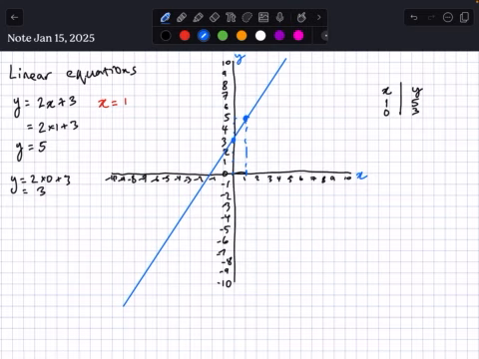And let me show you what I mean by you only need 2 points. Let's say we have x equals -1. In that case, we have y equals 2 times -1 plus 3. 2 times -1 is -2 plus 3, which is... sorry, it's +1.